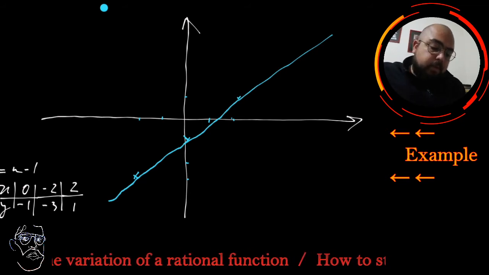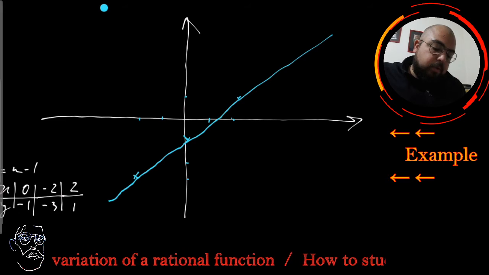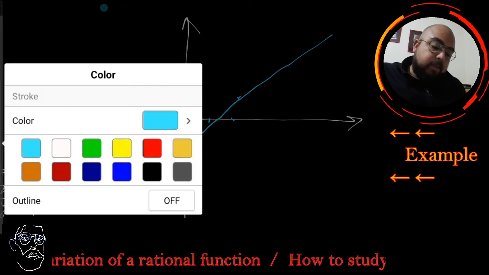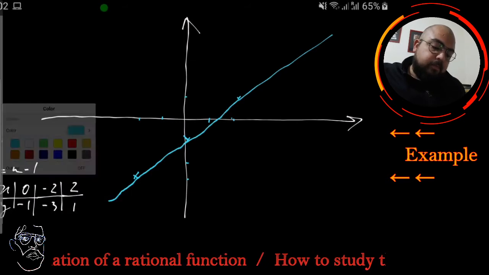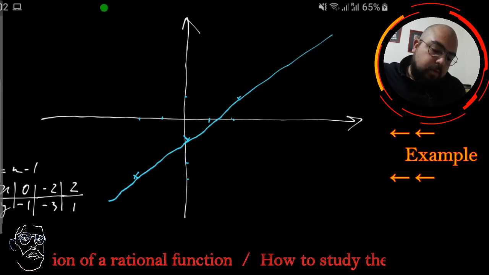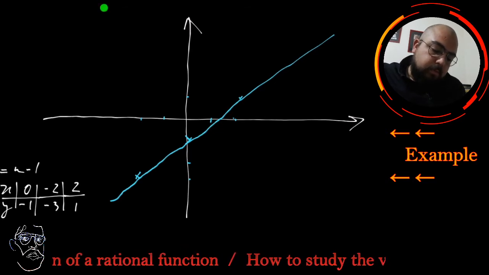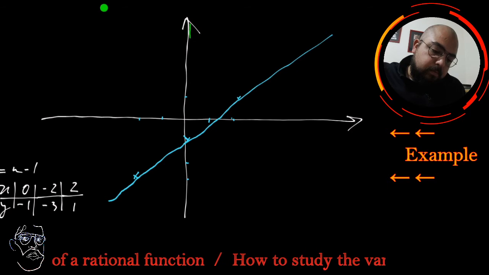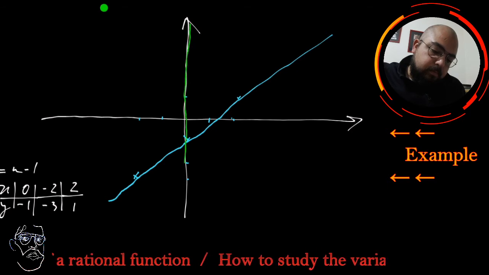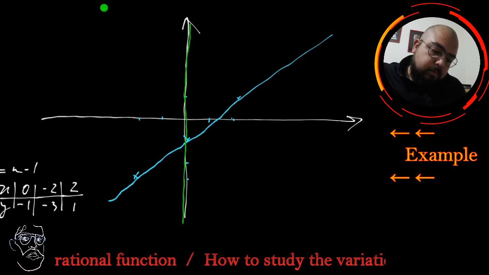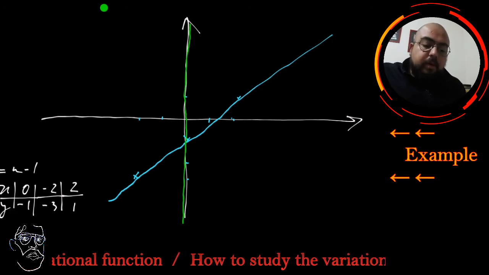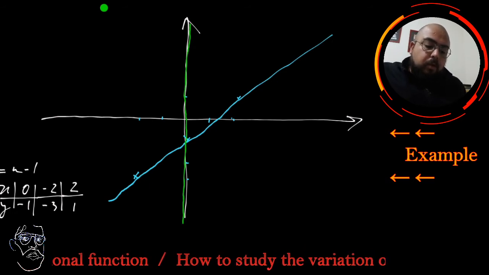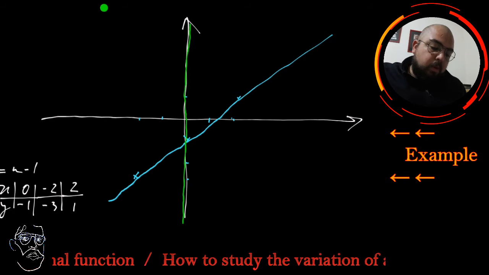My vertical asymptote was x is equal to 0, so it's the axis of ordinates. X is equal to 0. And then I will have my curve. So what about my curve?